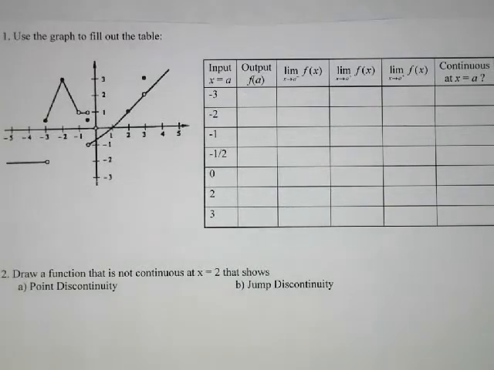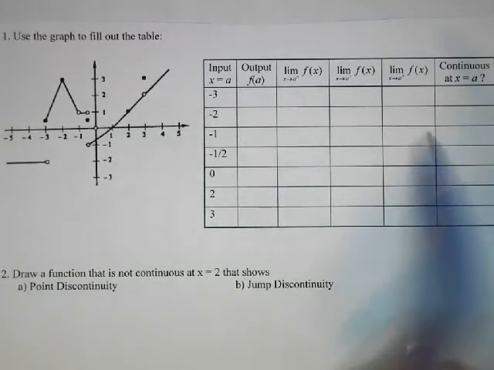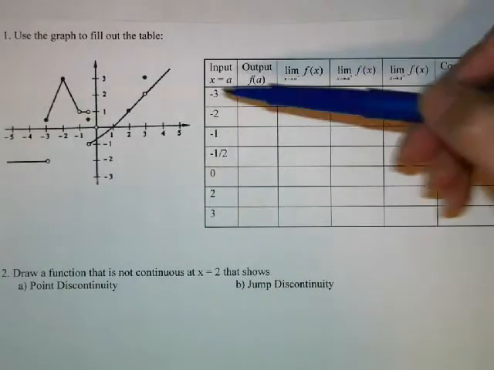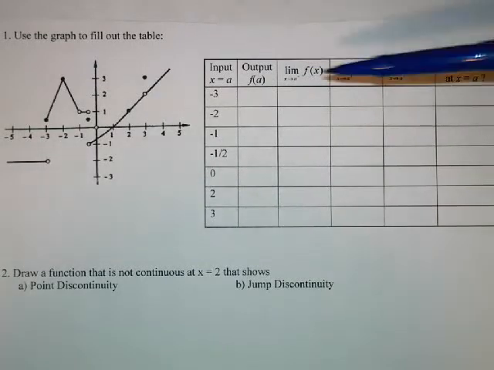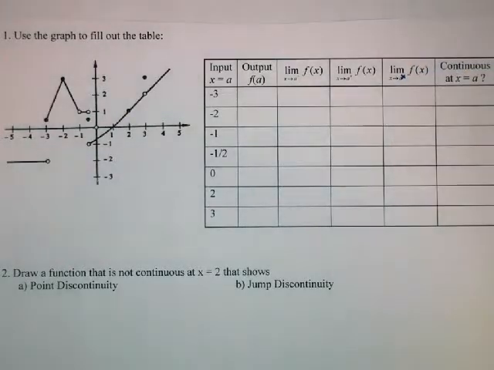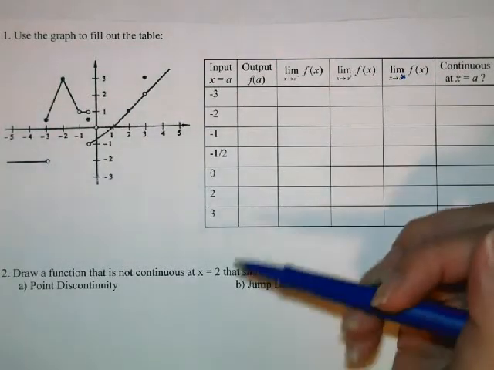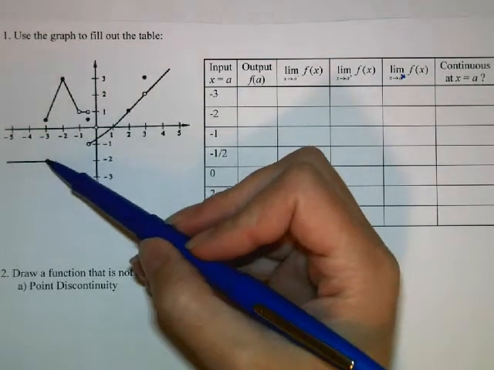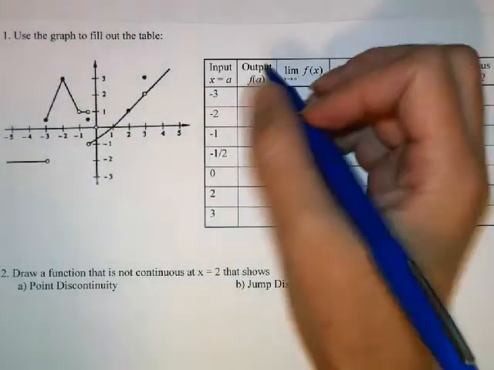All right, so we're going to use the graph to fill out this table. We're going to look at a variety of different values, and at the output, the limit from the negative side, the limit from the positive side, the limit, and then is it continuous? As we go to -3, the function value there is about 1/2.